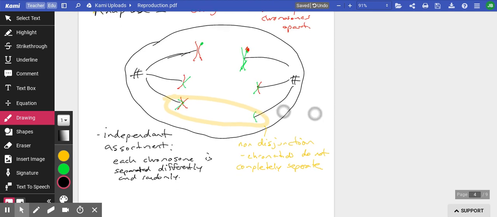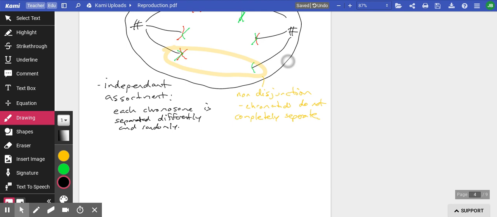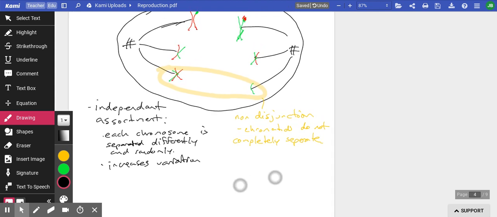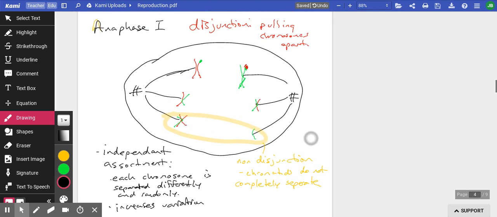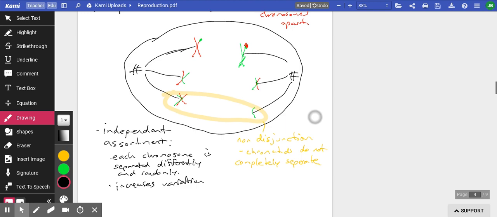And this idea of independent assortment increases variation. Okay, so that's anaphase 1.